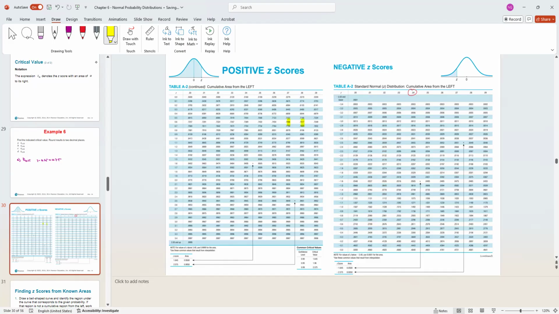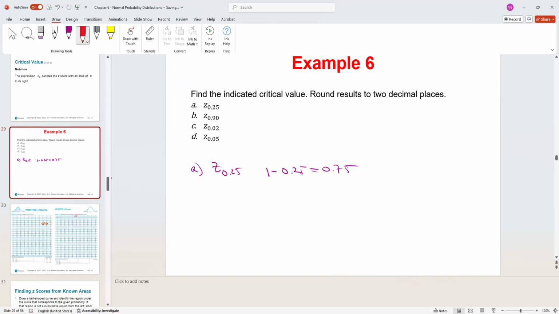I believe 0.75 would be this one instead, because you have two of them, this one or that one. So we're going to pick this one because it's closer. That gives us 0.67. So for us, z is 0.67 for it.